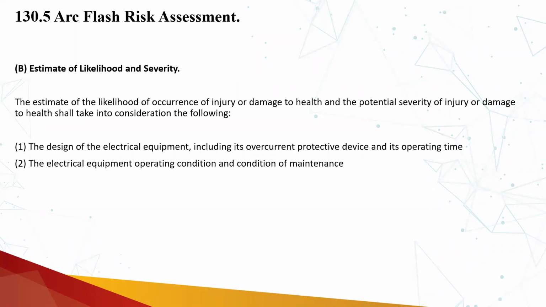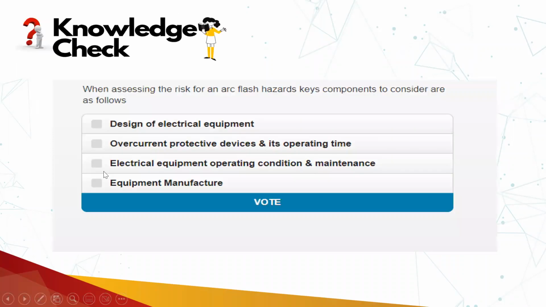Electrical equipment operating condition and the condition of maintenance are two more things which need to be taken into consideration. So when assessing the risk of an arc flash hazard, key components to consider are as follows: design of electrical equipment, overcurrent protective device and its operating time, electrical equipment operating conditions and maintenance, equipment manufacturer.